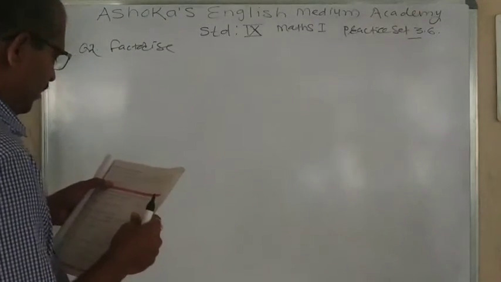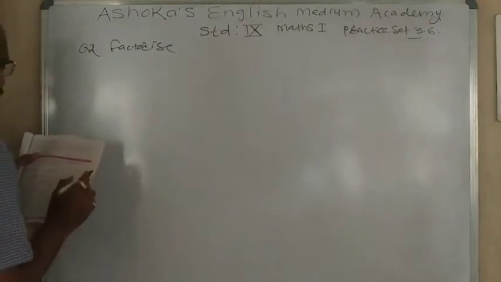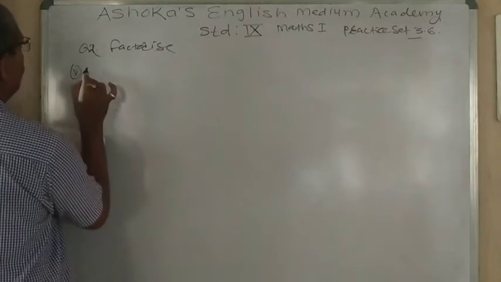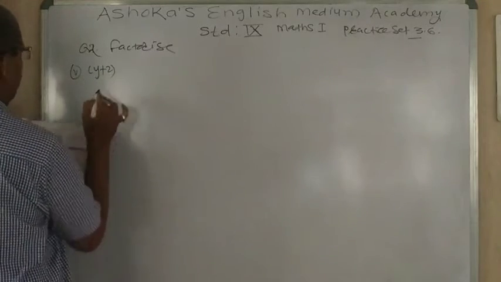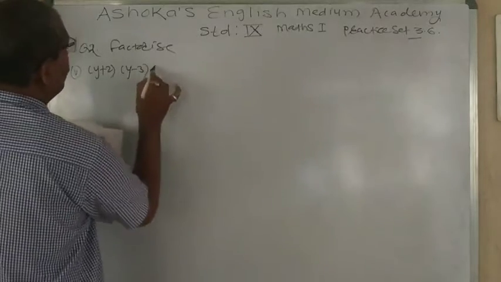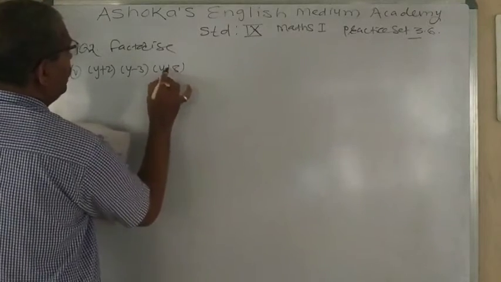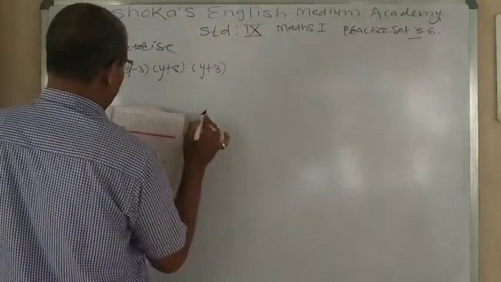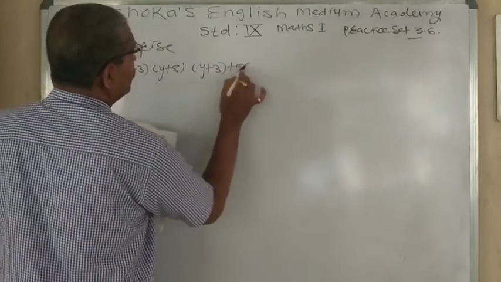Now we will enter into question number 5. First bracket y plus 2, second bracket y minus 3, third bracket y plus 8, next bracket y plus 3, plus 56.